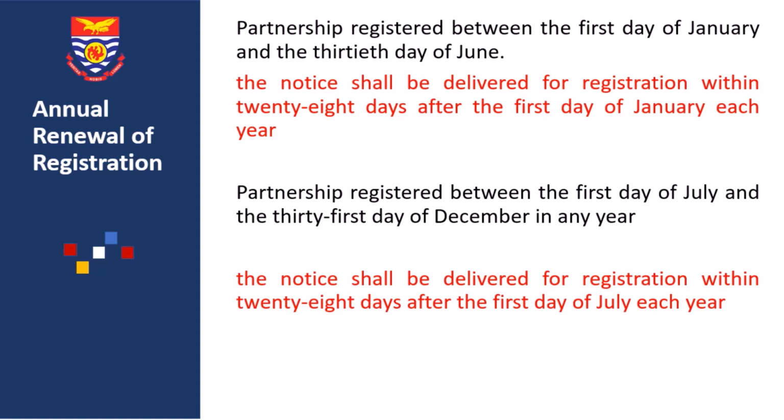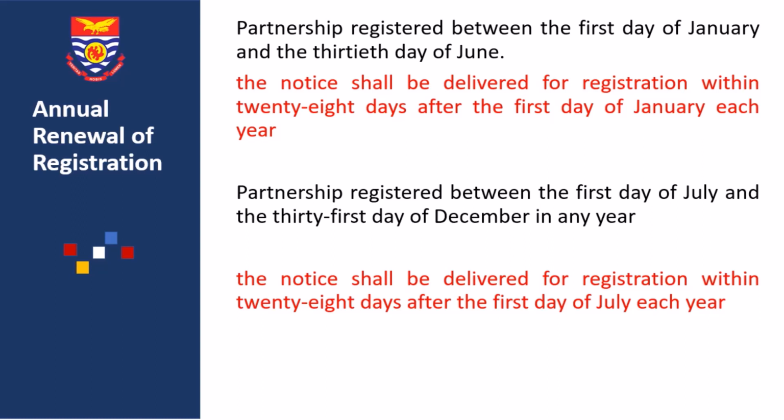So, for instance, if last year, July, you registered your partnership firm, then the law requires you that within 28 days after the first day of July 2023, you have to renew your registration.